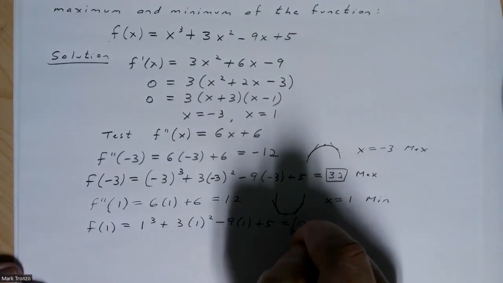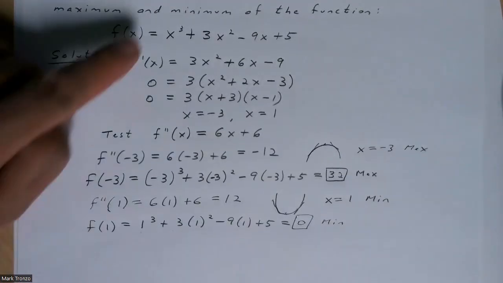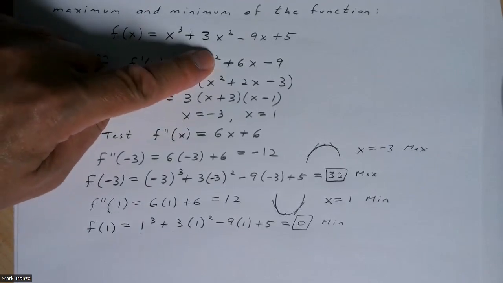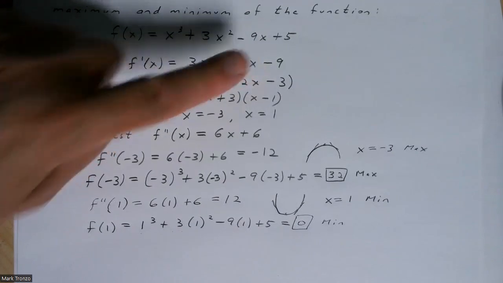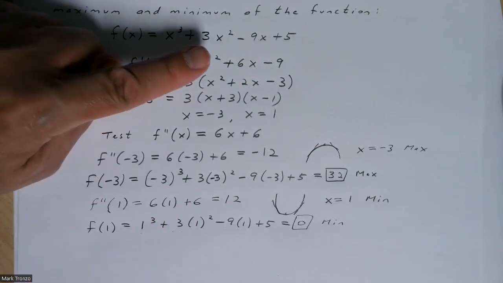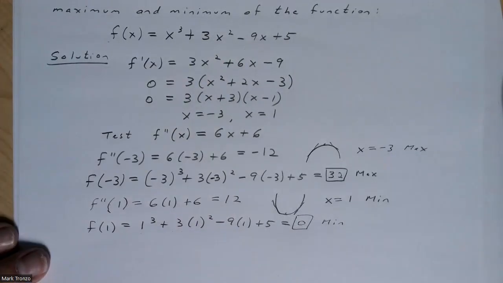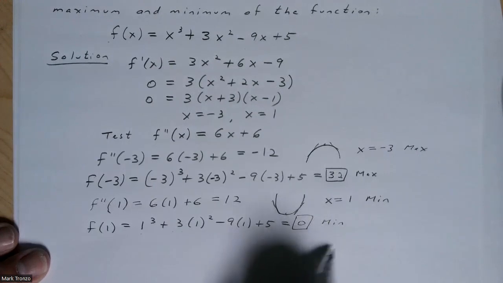So that's going to be the minimum value. So just check my numbers here. Put 1 in here, got 1 plus 3 is 4, minus 9 is minus 5, plus 5 is 0. Yeah, so we have then x equals 1 produces a minimum.